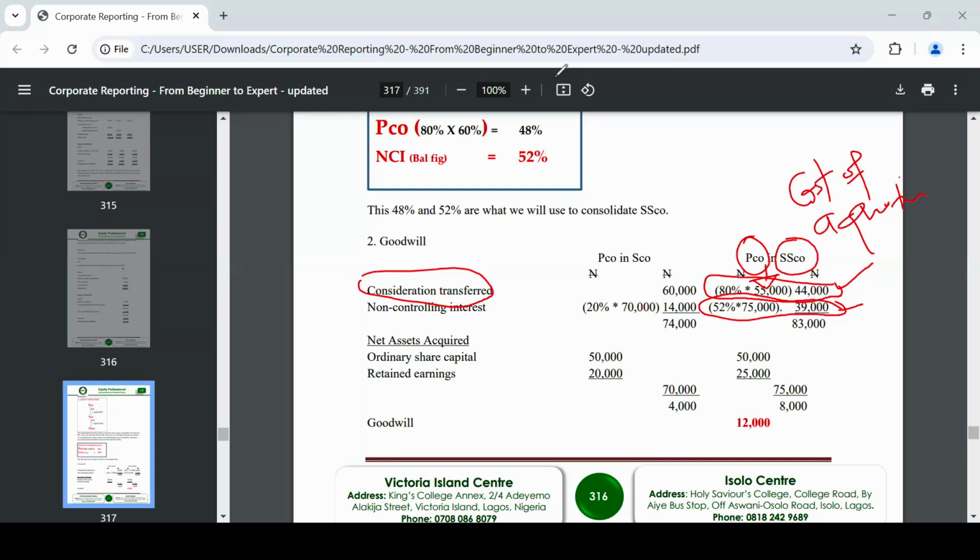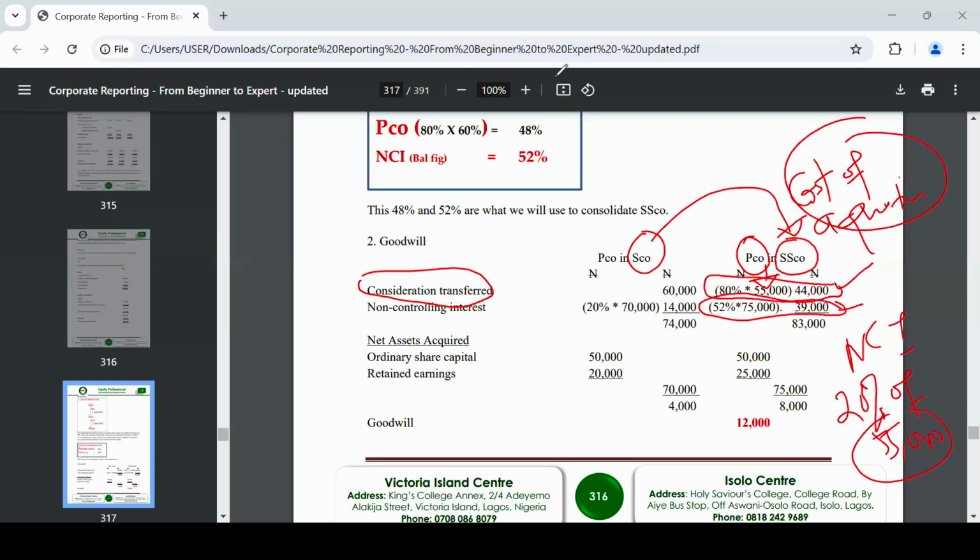You must never forget this cost of acquisition, meaning the remaining 20% of the 55,000 that ESCO paid to SSCO. Many times students will forget that, then they'll say financial position did not balance. It will not balance because you left out that 20%.